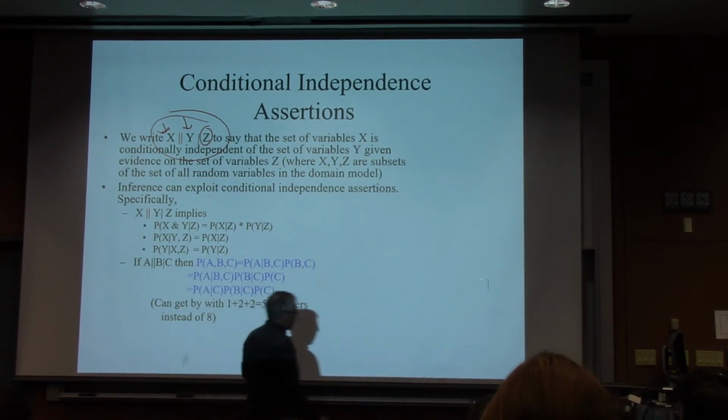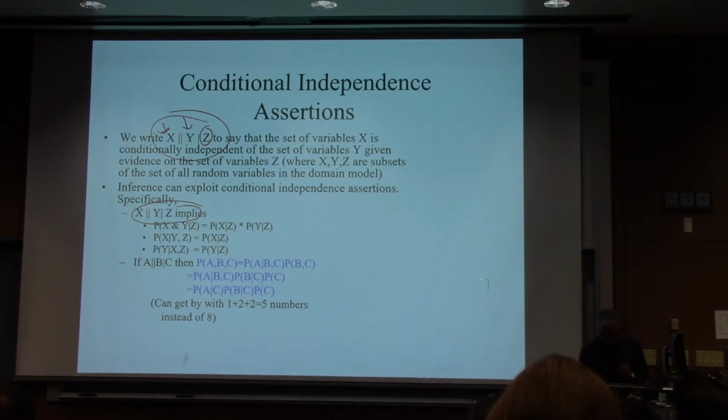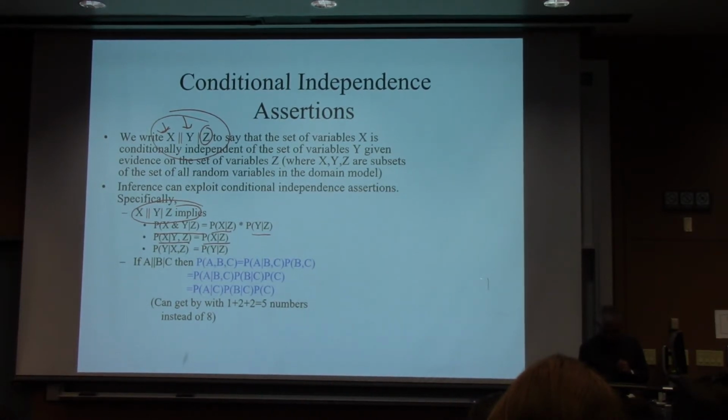Okay? And if that is the case, then I can simplify lots of things. For example, probability of x and y given z can be written as probability of x given z times probability of y given z. And similarly, probability of x given y and z can be written just as probability of x given z. And similarly, probability of y given x and z can be just written as probability of y given z.